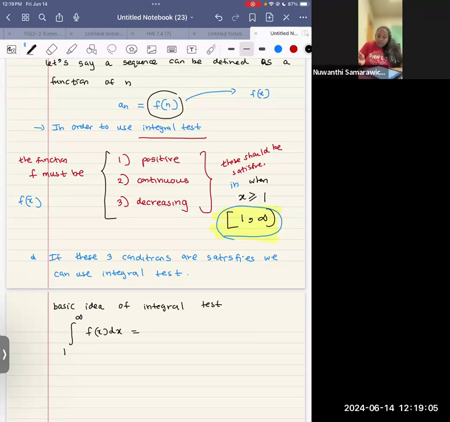When we find this integral, if we get a finite number, this means the integral converges. If the integral converges, then we can say the series converges.